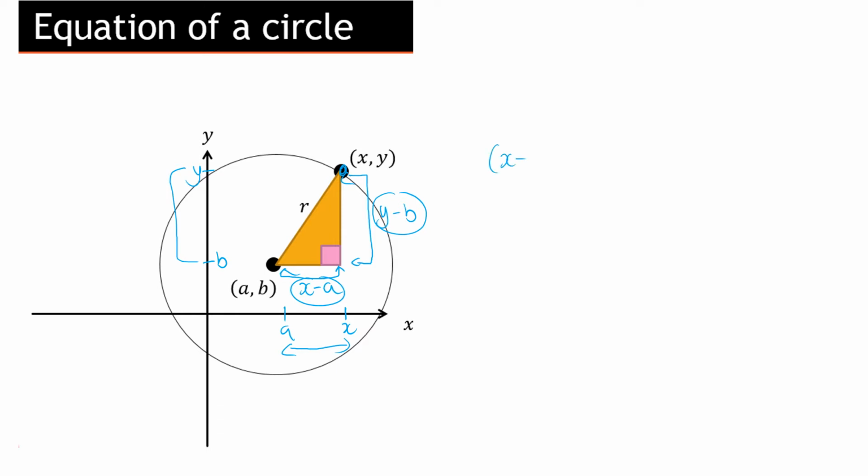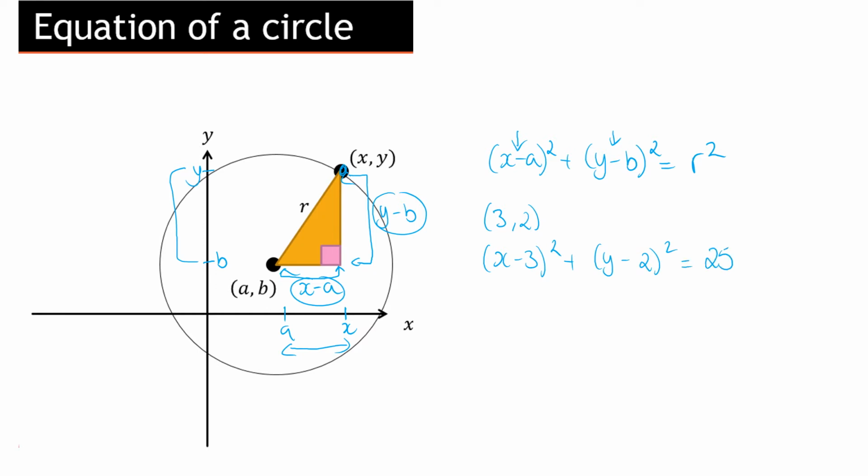It's (x minus a) all squared plus (y minus b) all squared is equal to r squared. Notice that it's always minus. So if we had a circle centered at, say, (3, 2), the equation would be (x minus 3) all squared plus (y minus 2) all squared, and say the radius was 5, then it would be 25.